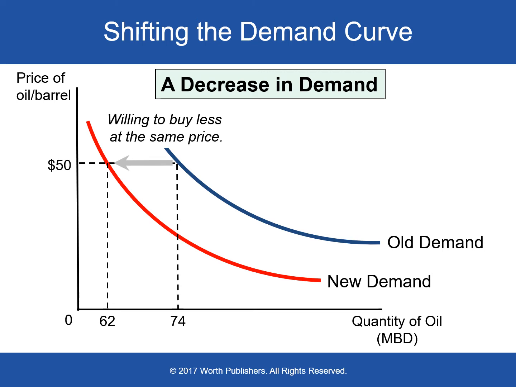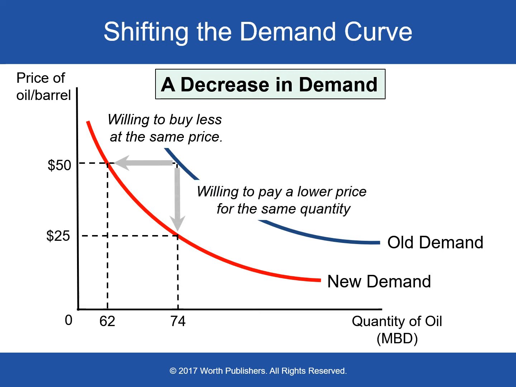If people are quoted a $50 price for oil, they're only willing to buy 62 million barrels. Likewise, you could say that if we keep the quantities the same at 74, people expect to pay less.